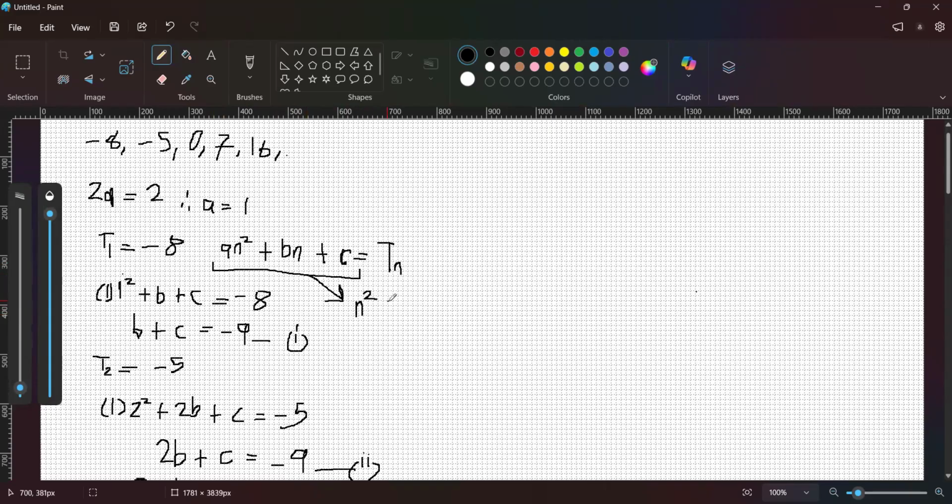N squared plus B is 0, isn't it? Yes, sir. And C is minus 9. So you can now see what's going to happen. The final answer will be n squared minus 9. That is our nth term.